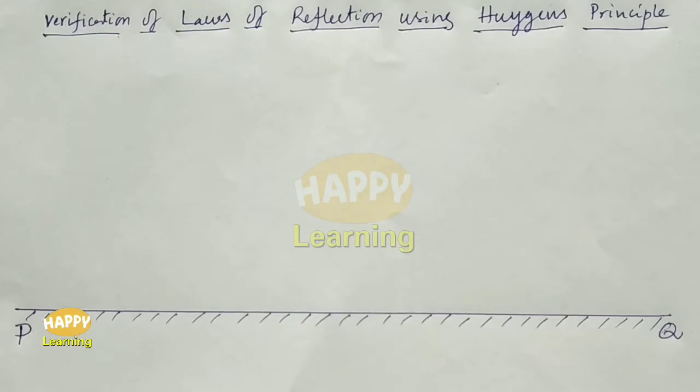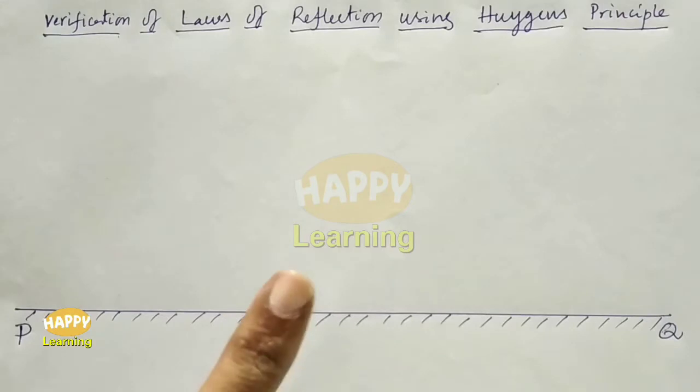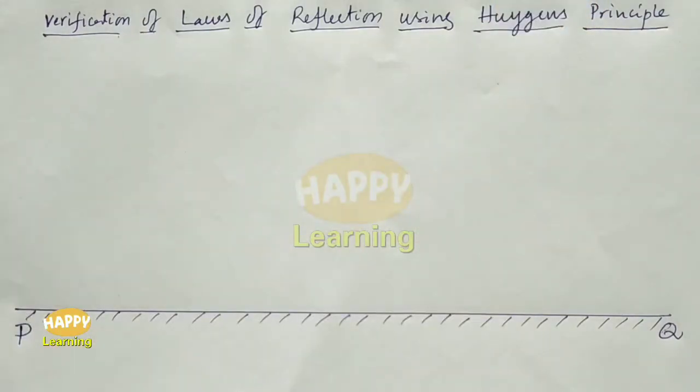So PQ is a mirror, a reflecting surface. Whenever a light ray is incident on this, it will be reflected this way, that is what we have studied in ray optics. Now let us prove the laws of reflection.